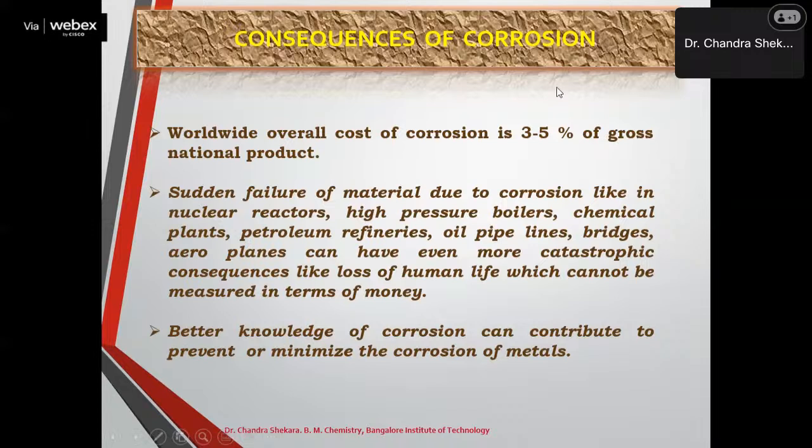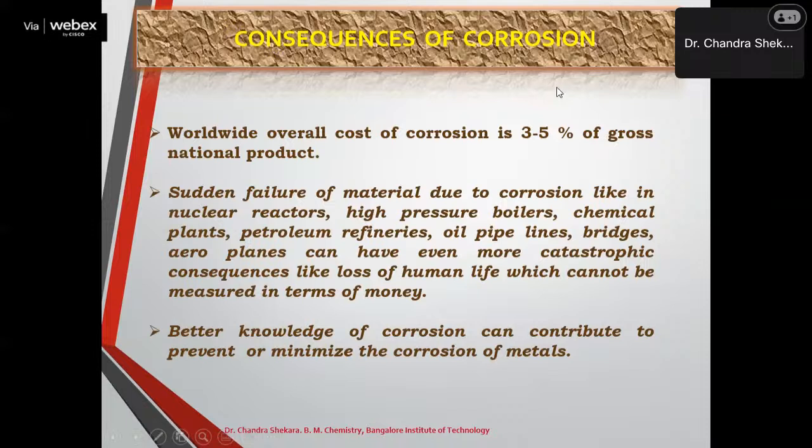So therefore, before we discuss about the impact of electrode potential on the rate of corrosion, first of all, we shall discuss about the meaning of corrosion, why corrosion occurs and how corrosion occurs, and also we'll discuss about the mechanism of corrosion by taking electrochemical theory of corrosion. And once we understand the mechanism of corrosion, then it would be very easy for us to understand the impact of electrode potential on the rate of corrosion.